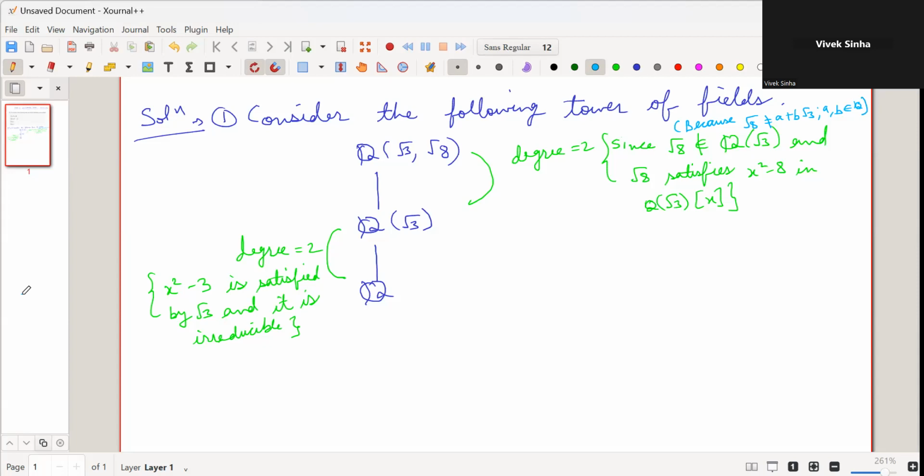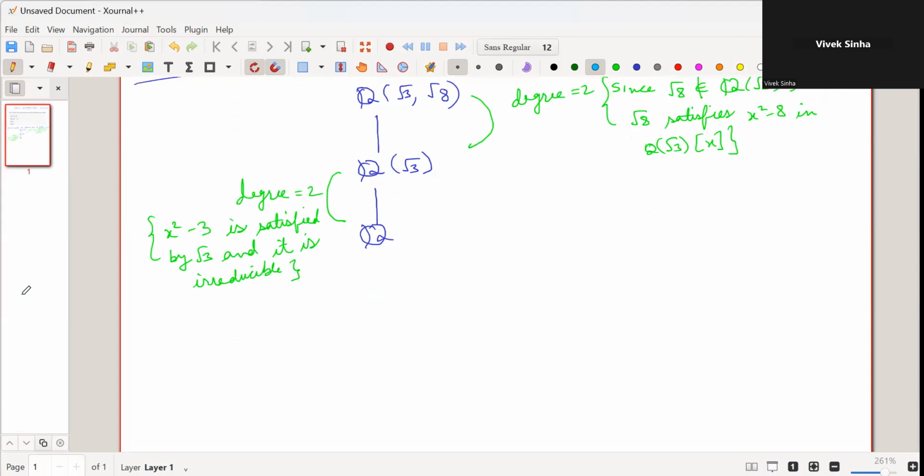Now b cannot be 0, because if b is 0, then it is simply root 8 equal to a, which means root 8 is rational, but a is a rational number. So from here, if you square, you can contradict by using that root 3 is not a rational number. If so, you will ultimately get root 3 is rational, which is a contradiction. So that is the hint behind it.